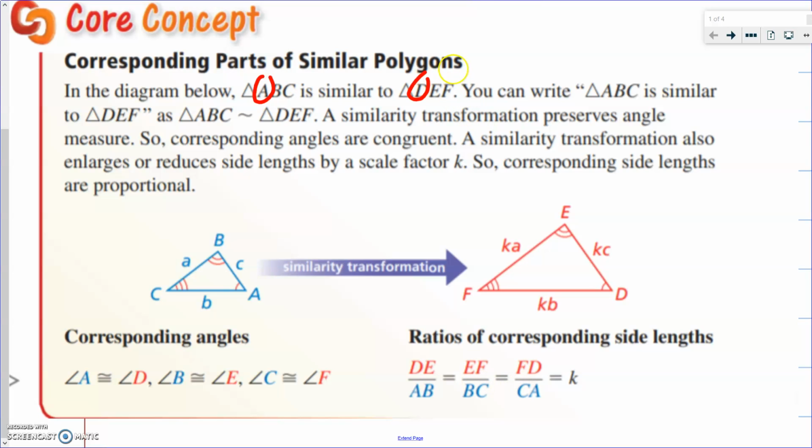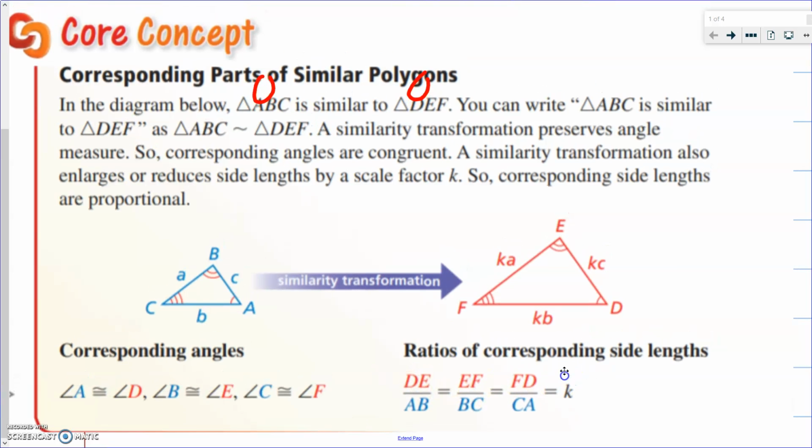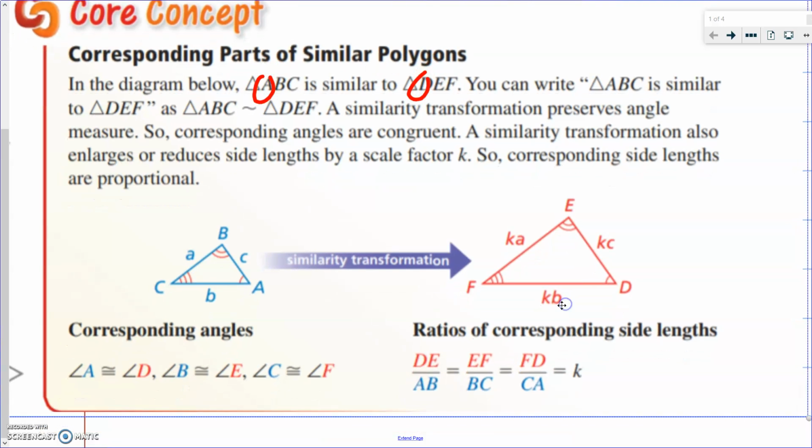FD is our last letter and our first letter, so it's going to be equal to F D over C A. All these proportions, when we get numbers, are all going to be the same number, and that same number is going to be our K.